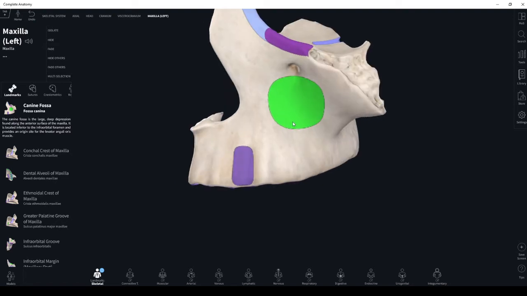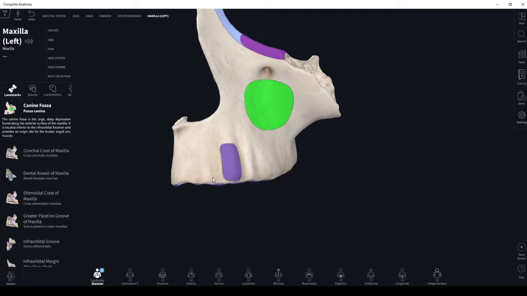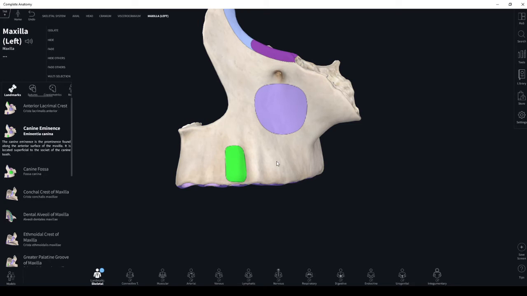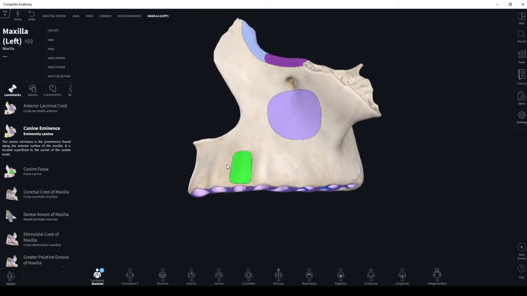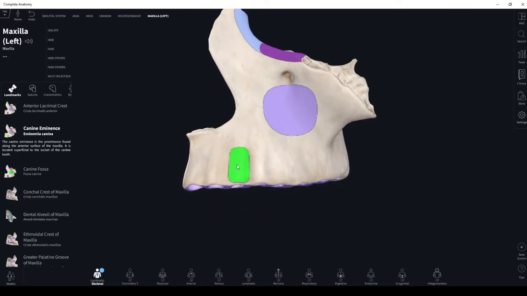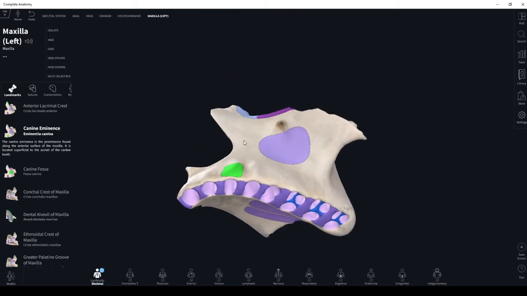Just below, on the arc of the alveolar process, you can see the most prominent part of this side. It is the canine eminence, the prominence found along the anterior surface of the maxilla. It is the prominent socket of the canine tooth, and may be visible or not.